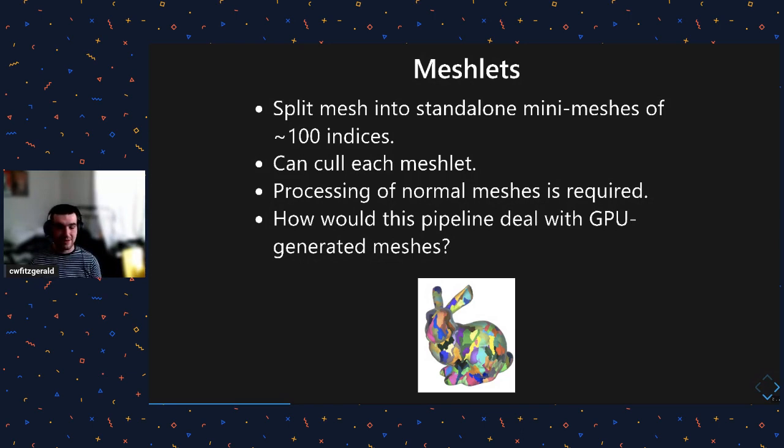How would that deal with GPU generated meshes? Say you have an ocean simulation, say you have whatever running on the GPU generating geometry just in time right there. How do you do that conversion?